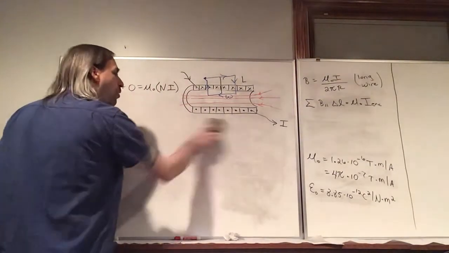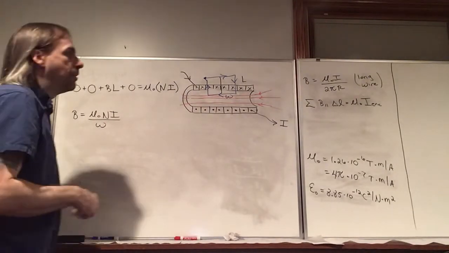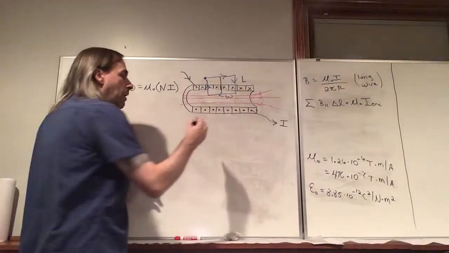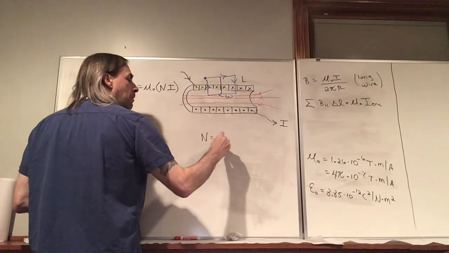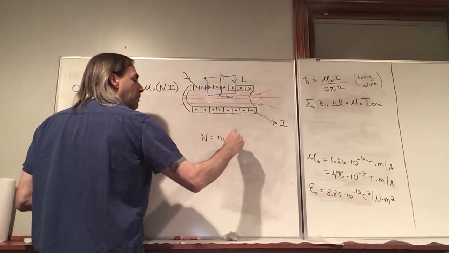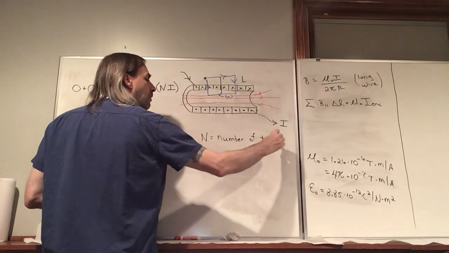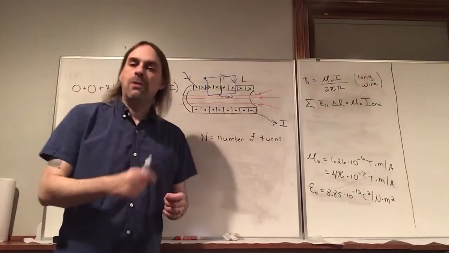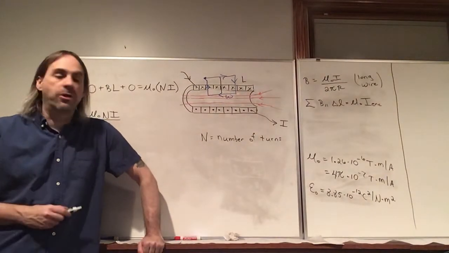So, important to point that out. Now, what we usually do, as far as defining things, let's say capital N is the number of turns. So if you have a solenoid, if you take a wire and wrap it around 100 times, capital N would be 100.